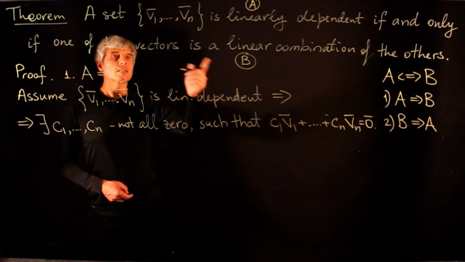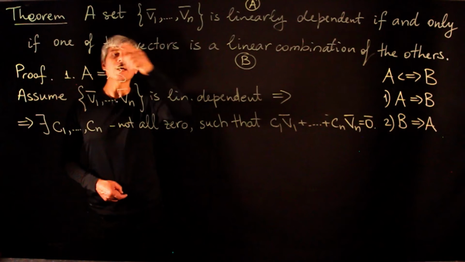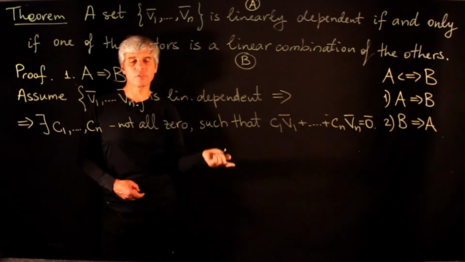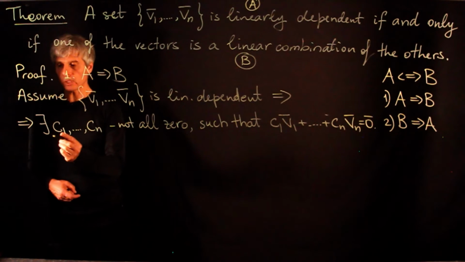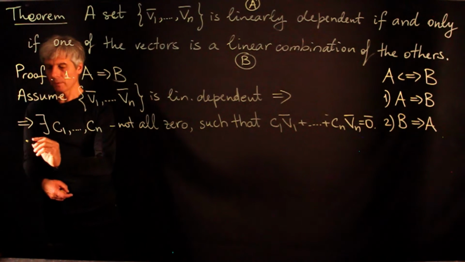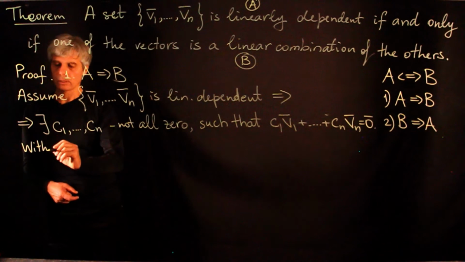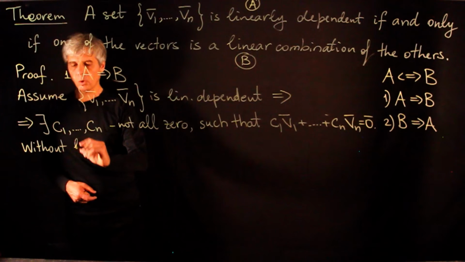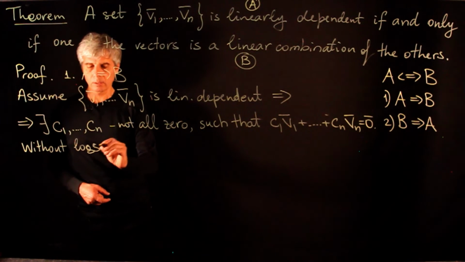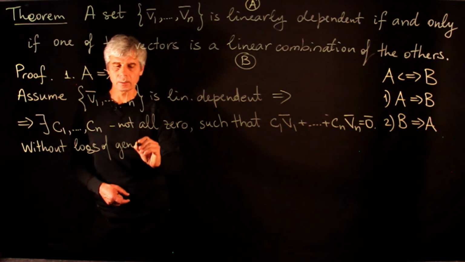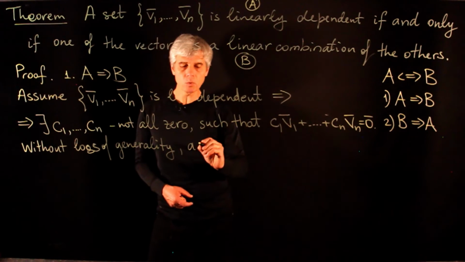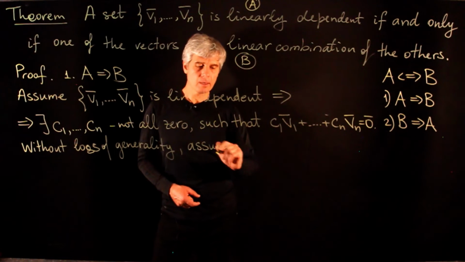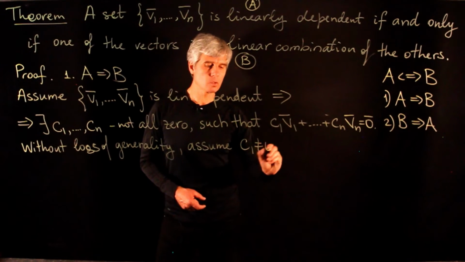Now, we need to prove that one of the vectors is a linear combination of the others. It doesn't matter which one. So we're going to assume without loss of generality that C1 is not equal to 0.